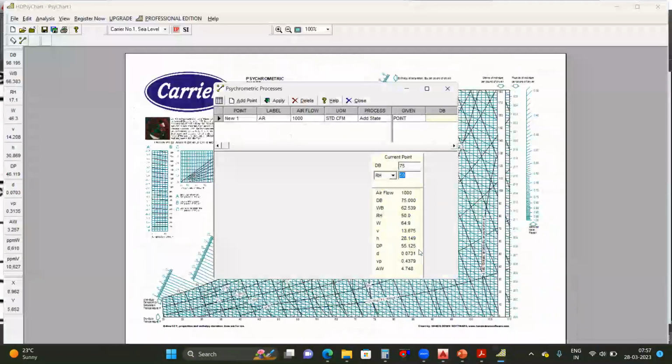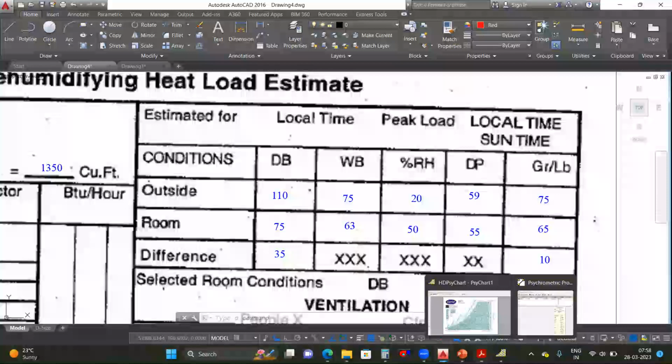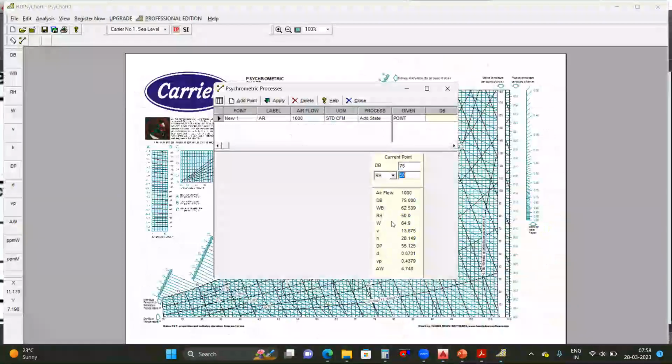Next is the dew point temperature, which is 55, correct. And humidity ratio is 65, 64.9. So right, we have taken the values correctly, so we can proceed.